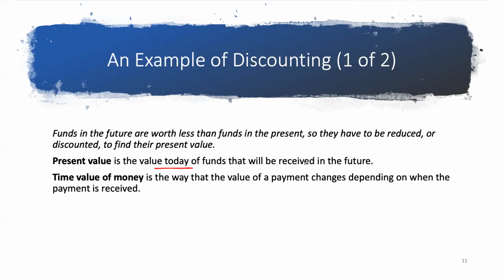How do we set an appropriate discount rate to value funds that become available in the future? And this is what we call the time value of money. It tells us how the value of a payment changes based on when it gets made, right? The timing of the payment is quite crucial to understanding what its value is today.